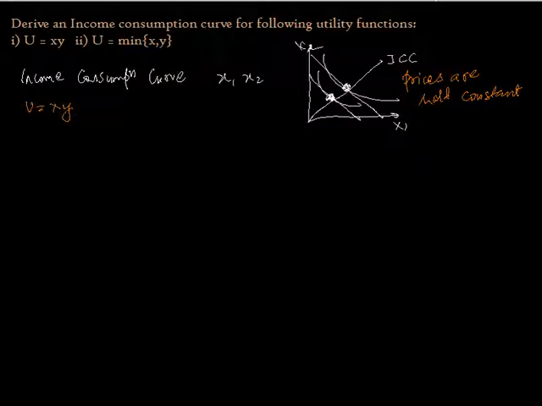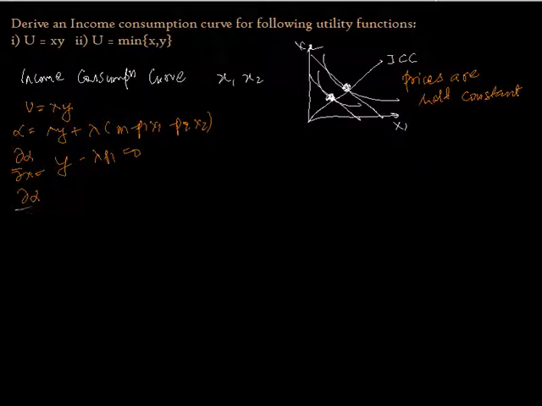From your first order conditions, if you set up a Lagrangian, you'll get xy plus lambda times (m minus p1 x1 minus p2 x2). We'll just differentiate this: del L by del x is equal to y minus lambda p1 equals 0, del L by del y equals x minus lambda p2 equals 0, and del L by del lambda equals m minus p1 x1 minus p2 x2 equals 0.